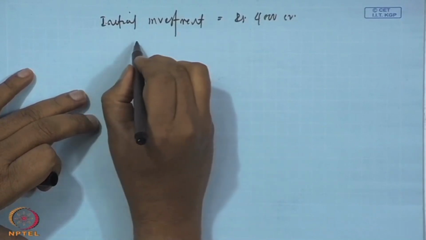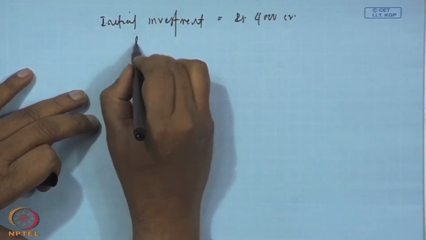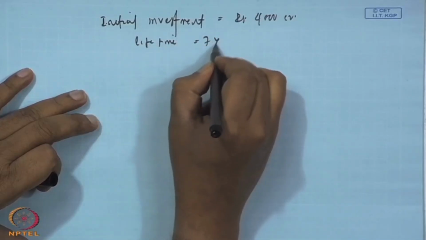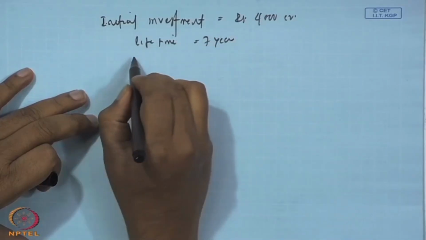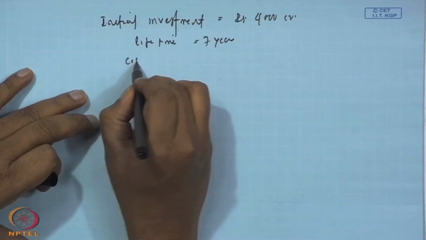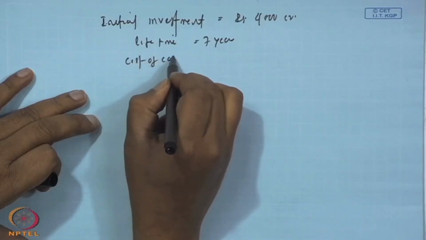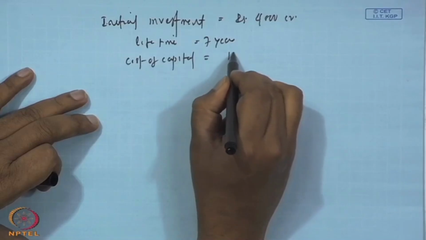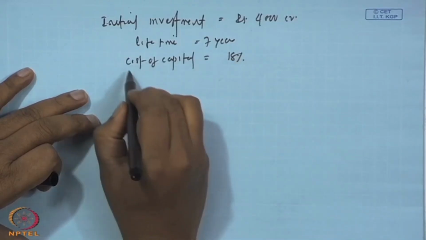Then the cost of capital, that is what we call the discount rate, is 18%.